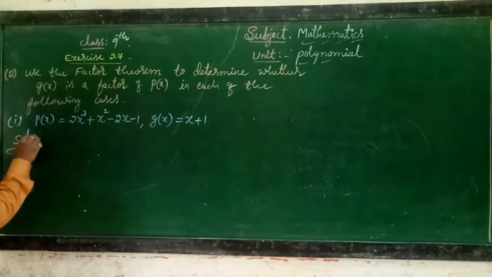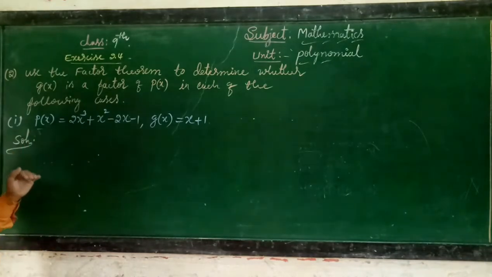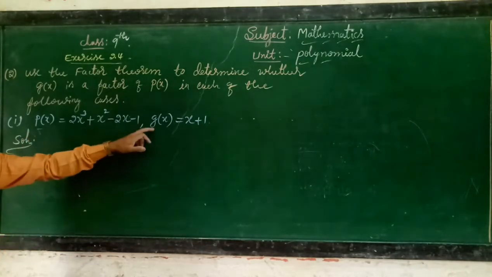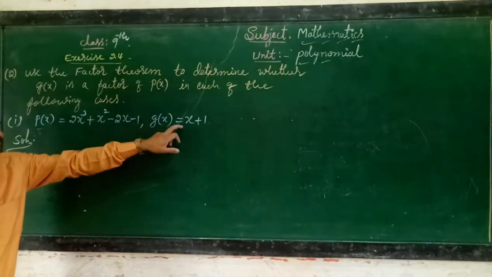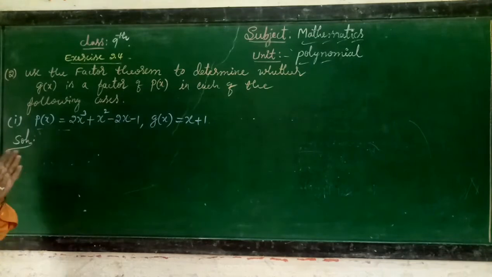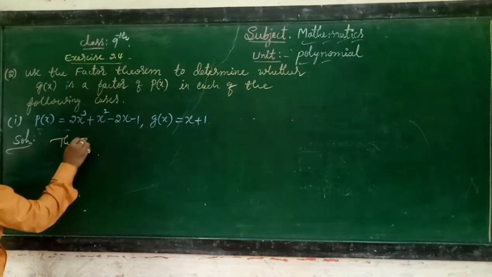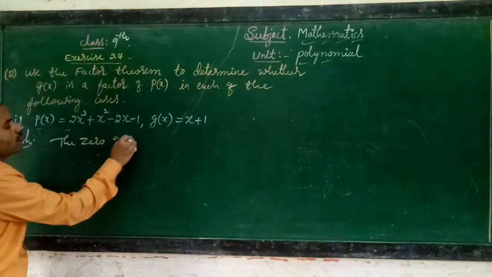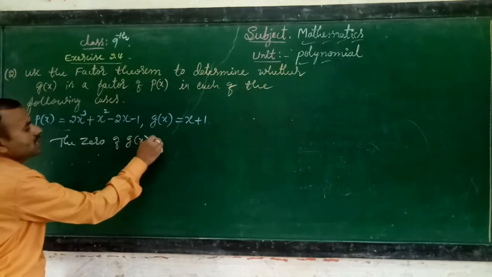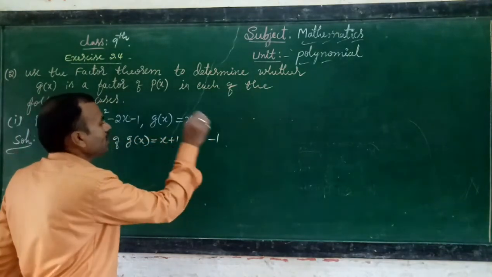Solution. Now, as we have already learned, for g of x, that is x plus 1, to be a factor of this, finally the remainder should be 0. Now the zero of g of x: x plus 1 is 0.